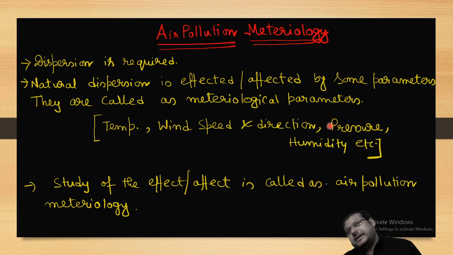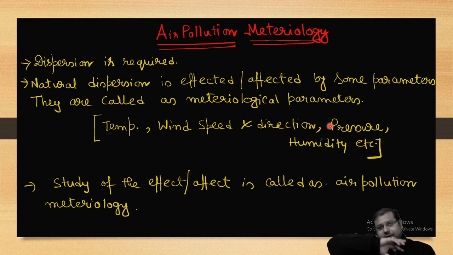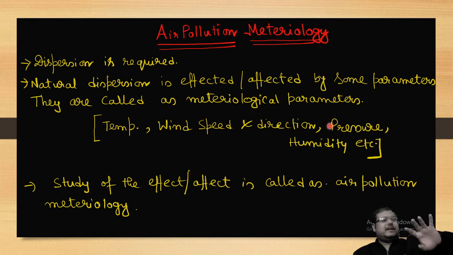It may be detrimental. Suppose 60 microgram per meter cube of sulfur dioxide is discharged in your room. It is detrimental. The same sulfur dioxide, if discharged over your area, dilution occurs. If discharged over a whole city, further dilution occurs. If discharged over the whole state, more dilution occurs.